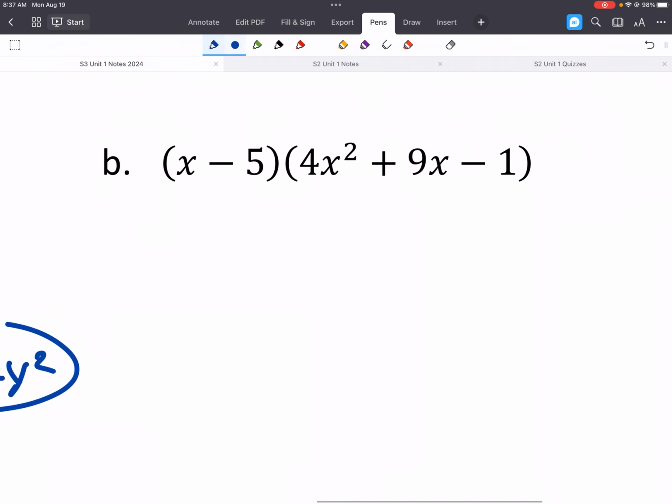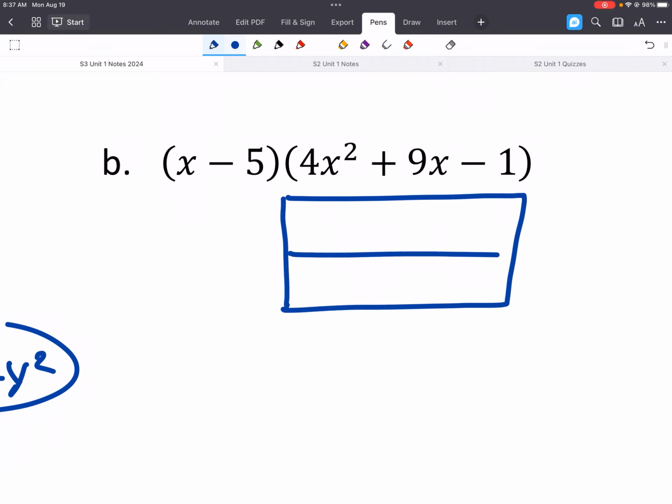This one's a little different just because we have a trinomial and a binomial. So instead of doing a 2 by 2 box, we'd need to do a 3 by 2 box. Again, sometimes I like to just draw underneath. If you can write a box that's that small and fill in the stuff in there, then great. If not, maybe write it a little bigger.